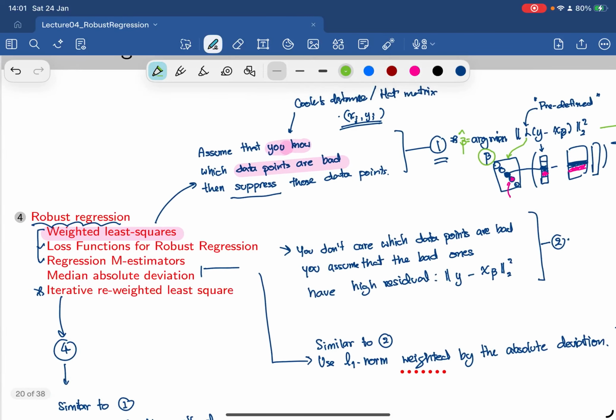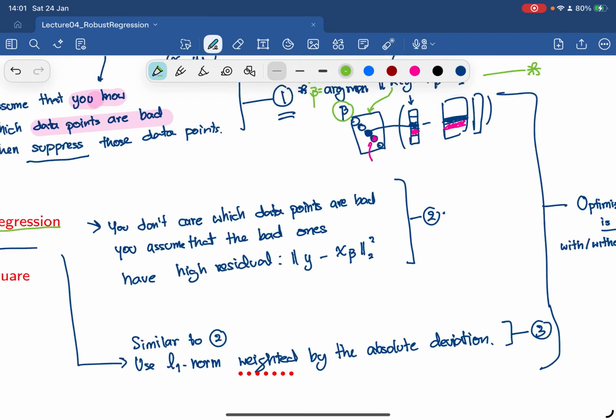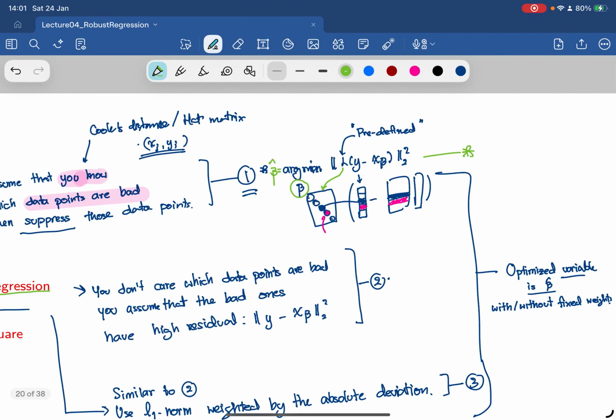Likewise, the second technique is called robust regression, which uses different loss functions. What it means is that they just replace this L2 norm with other types of norm. For example, you may use the L1 norm or Huber norm to estimate beta.